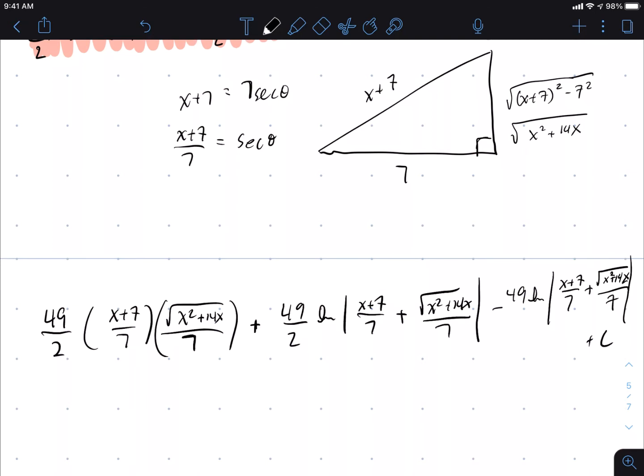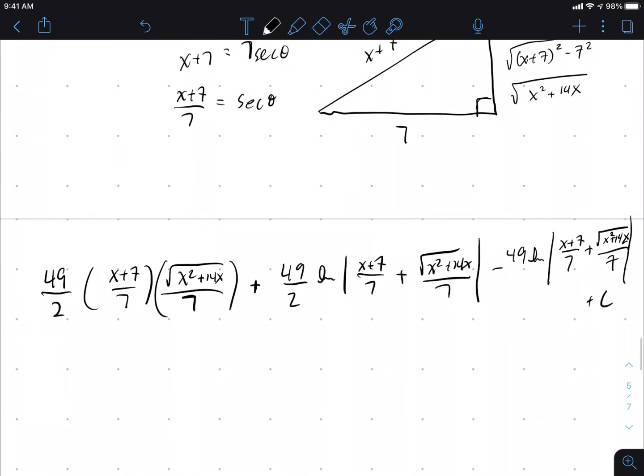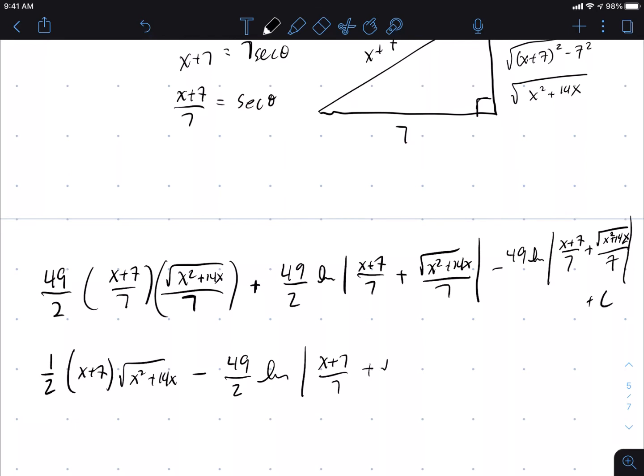Yeah, let's do it. Alright, so then I'm going to get 1/2 x plus 7 times root of x squared plus 14x minus 49 over 2 ln of x plus 7 over 7 plus root of x squared plus 14x over 7 plus c.